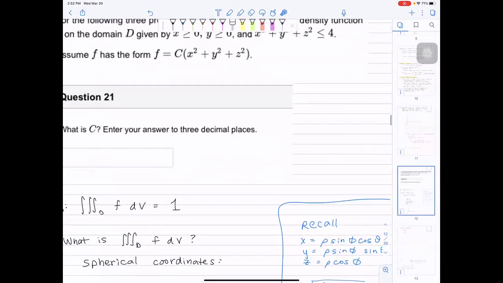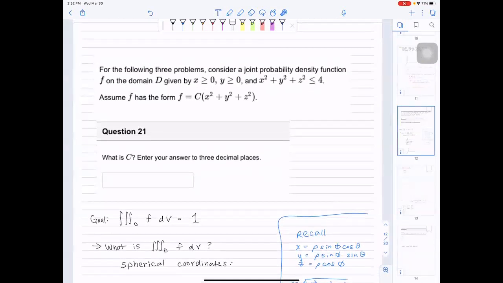Grace mentioned that you should remember how to do probability stuff, like finding C. If you're given some domain and we want to make sure this is a probability density function, from last week we know we take the triple integral or double integral of our function and set it equal to 1.